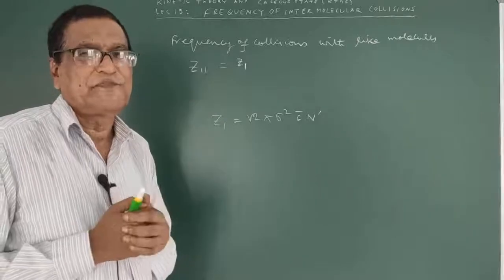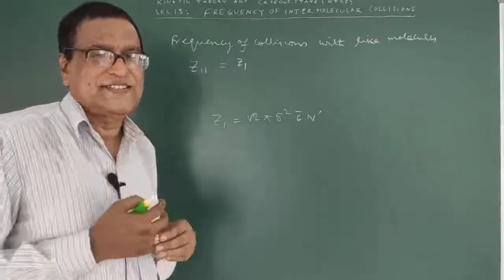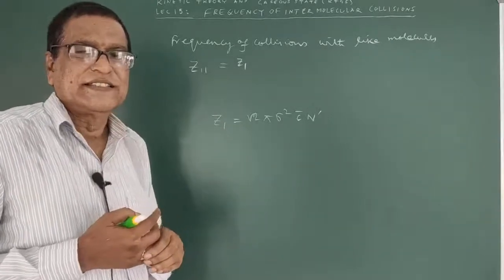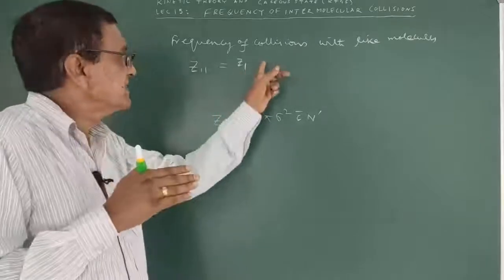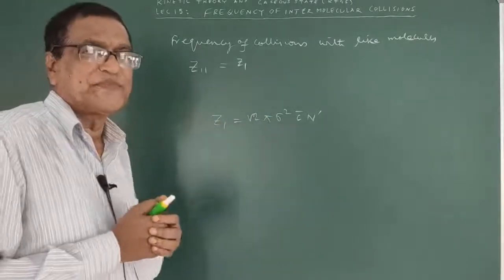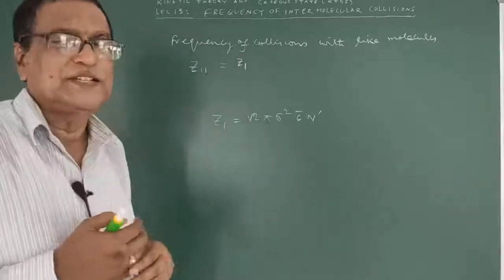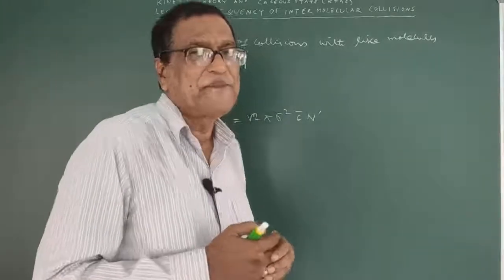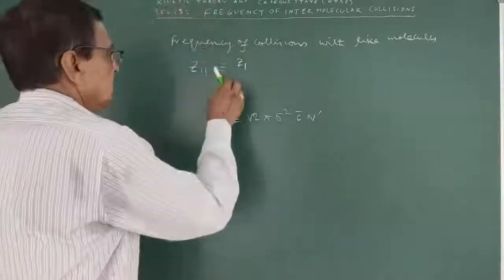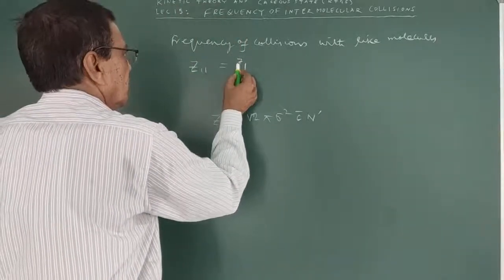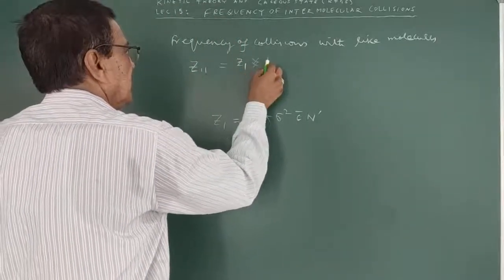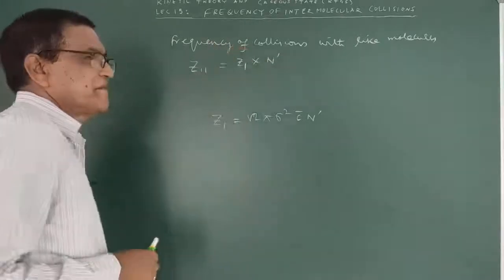in unit time. But in a gas, there are n dash molecules per cc. So when we determine it per cc, this will be multiplied by n dash.